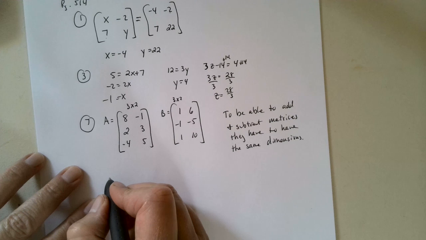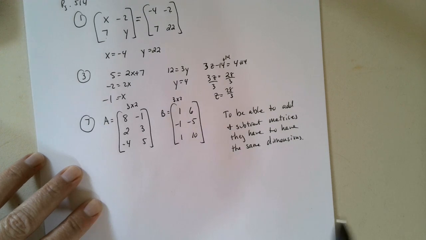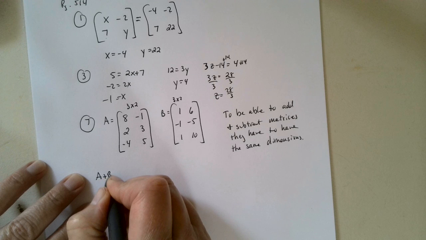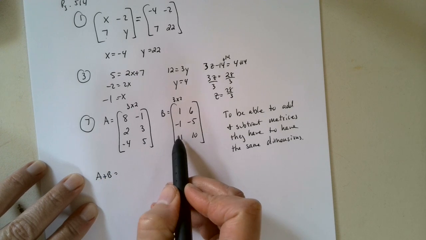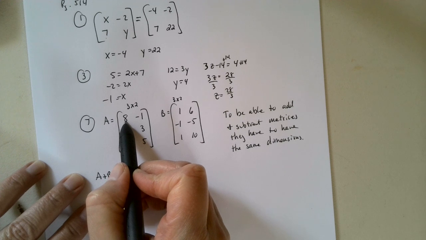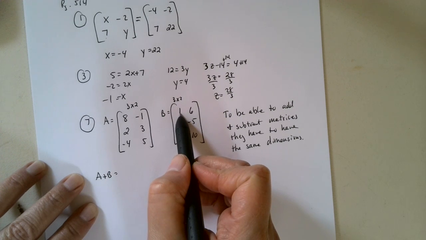To add or subtract, you just add or subtract the corresponding elements. So if we wanted to add these two matrices together, you take the number that's in the first row, first column, and you add it to the number in matrix B, first row, first column.